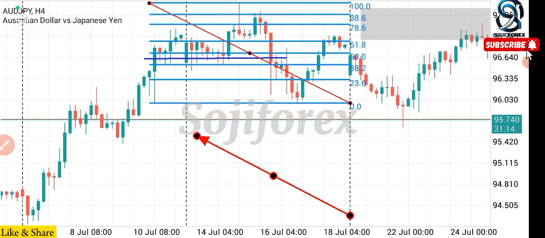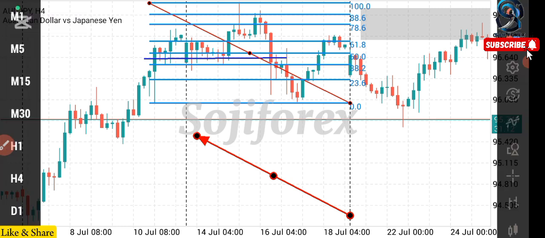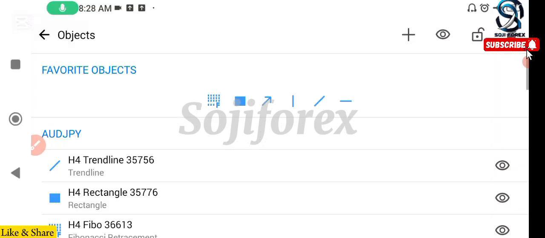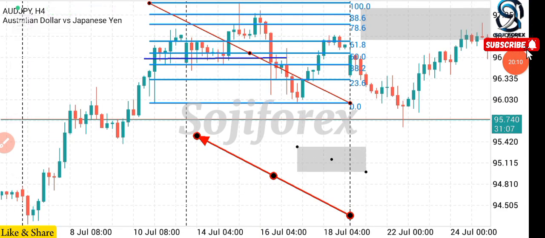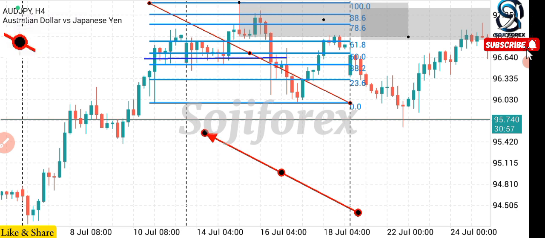Okay, so in this movement, where is my point of interest? The first point of interest is my order block. So I'm going to mark my order block, which is that candle you are seeing right there beautifully well. That is my order block. Then another thing I saw here was, is there a fair value gap?